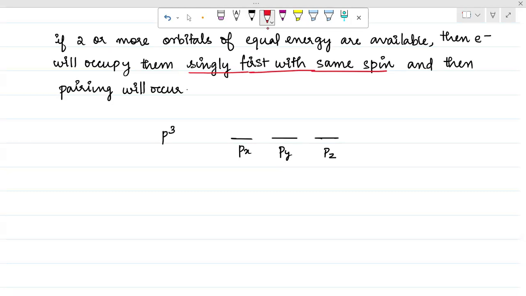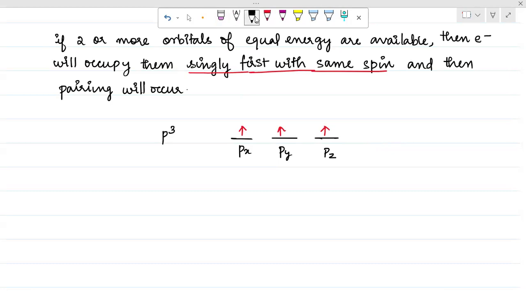So what is the degeneracy? The 3 orbitals have the same energy, so G is equal to 3. Now the way they'll be occupying is 1 in each.